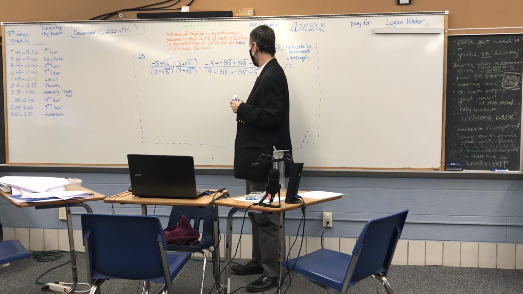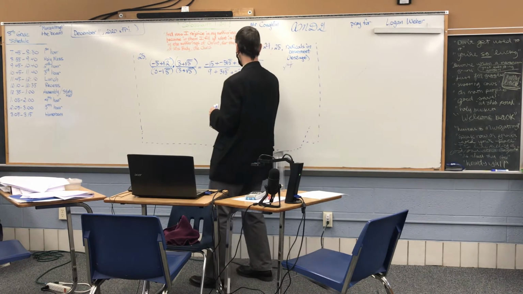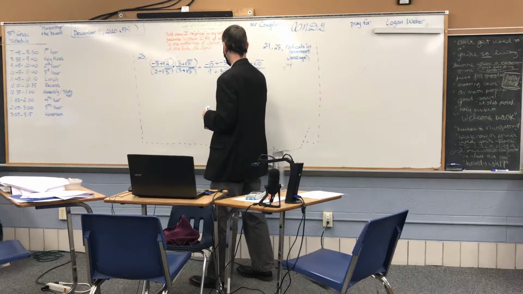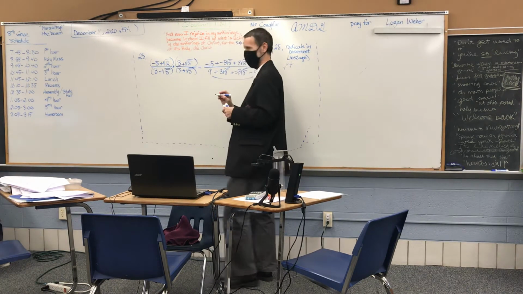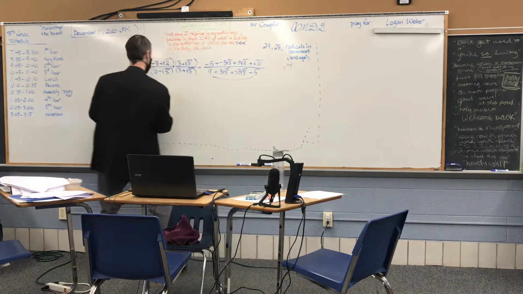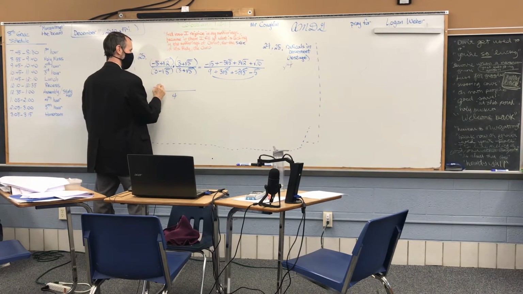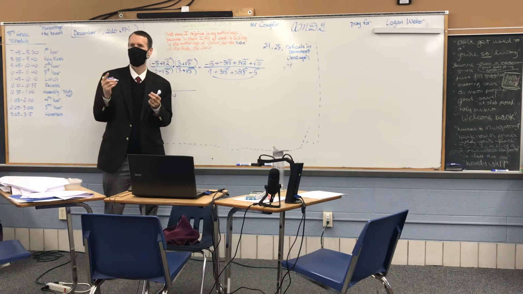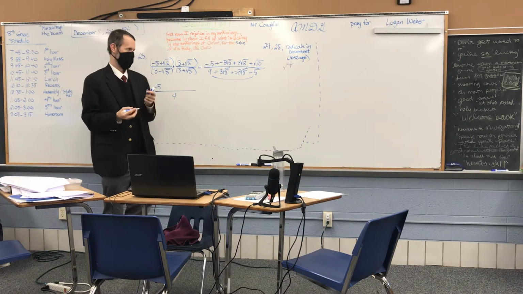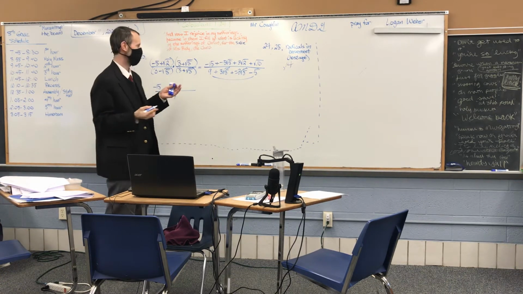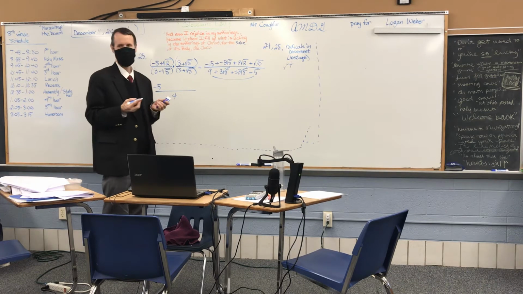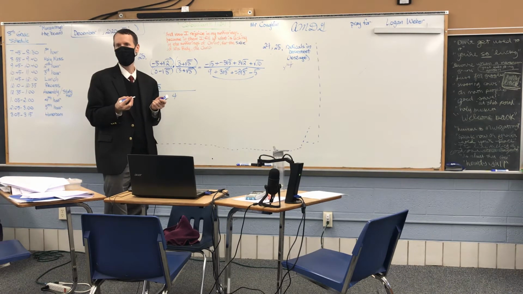The 3 radical 5s on the bottom, what happens? They cancel. What's left on the bottom? 9 minus 5, which is 4. The top, negative 15. Are there any like terms on top? No. Does anything simplify up there? Any perfect squares hiding in any of the radicals?